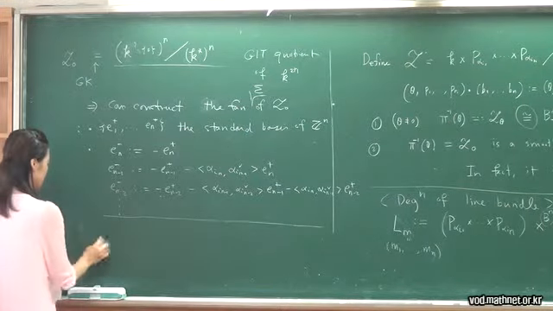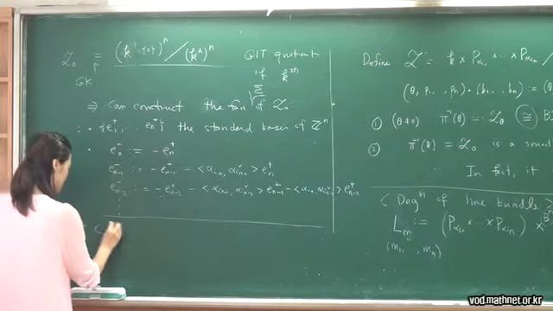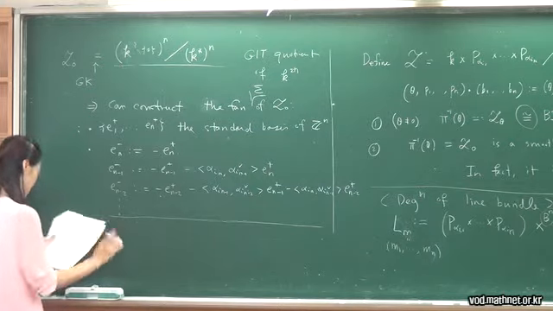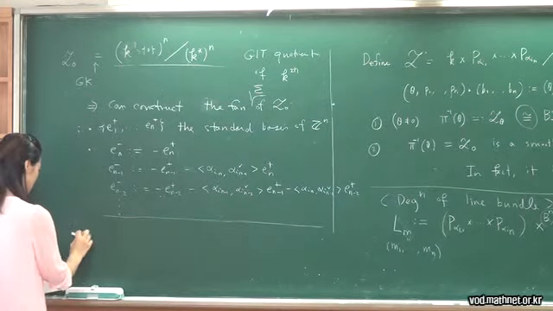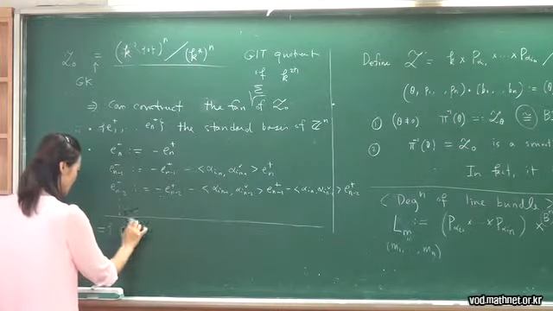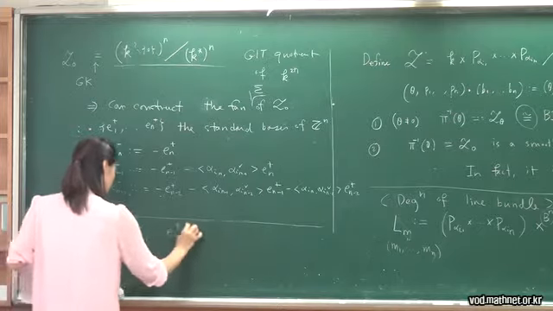Let me say S is the set of these E1 plus minus through En plus minus.